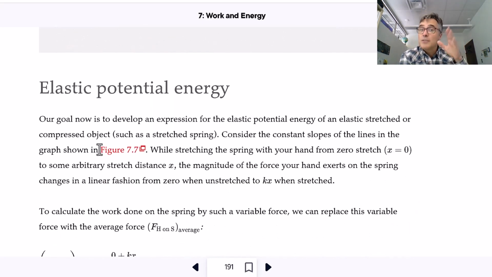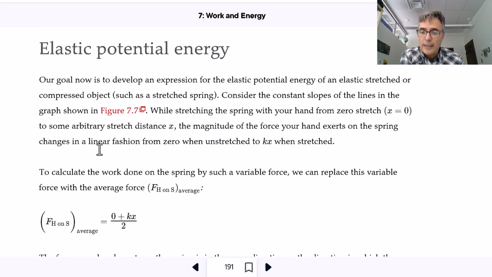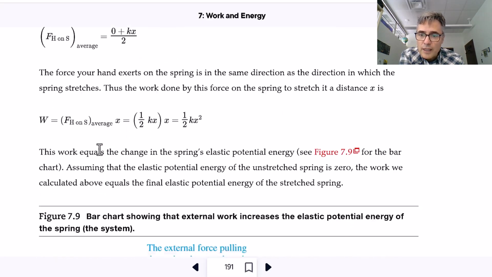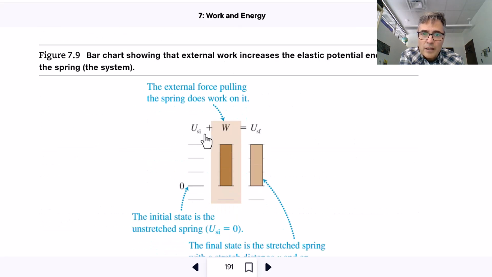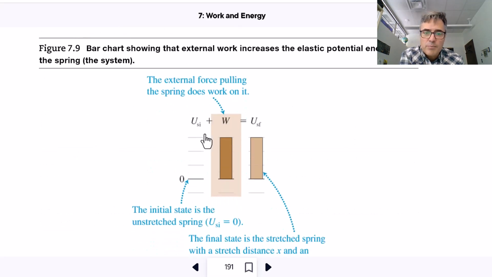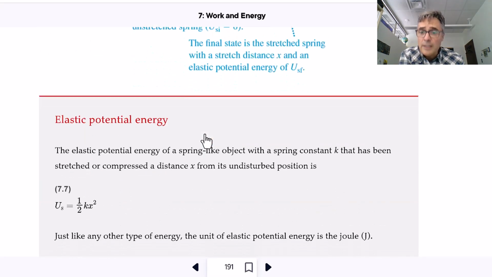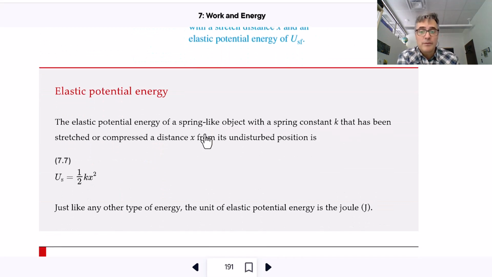All right, so that gives you Hooke's law, and the second part of this section is called elastic potential energy, in which at some point they talk about, again, the work done by the spring. If you include the spring as part of your system, then you have a new form of energy called elastic potential energy, U sub S, which equals 1/2 kx squared.